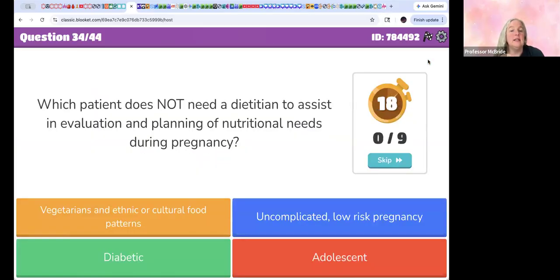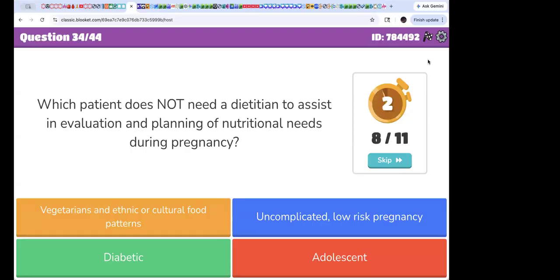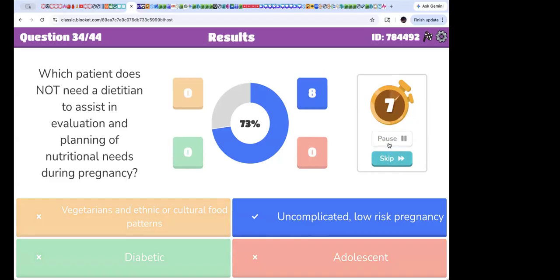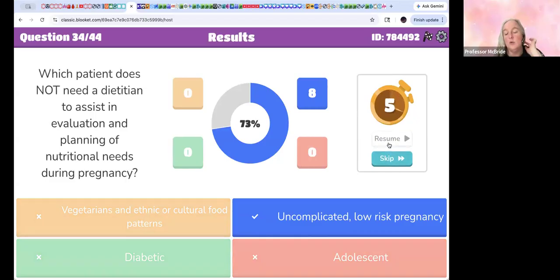Which patient does not need a dietitian to assist in evaluation and planning of nutritional needs during pregnancy? Okay, so our uncomplicated low-risk pregnancy doesn't need a dietitian.